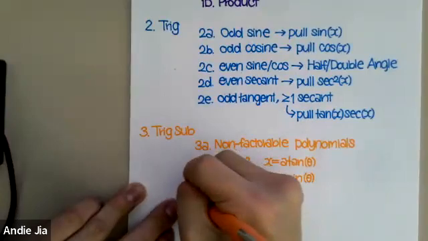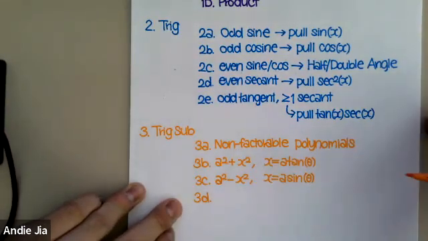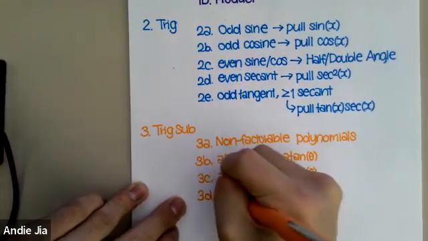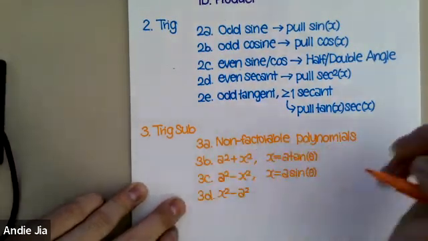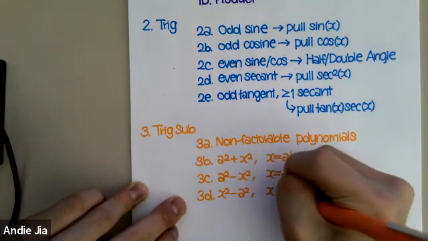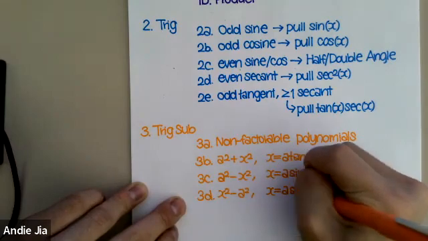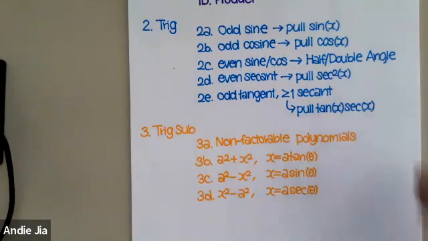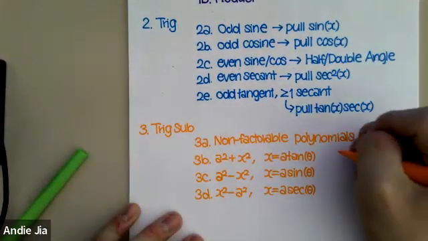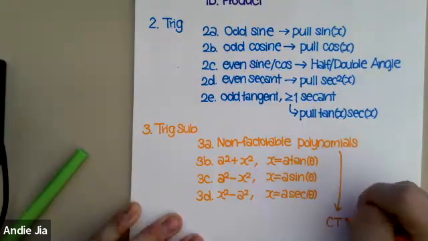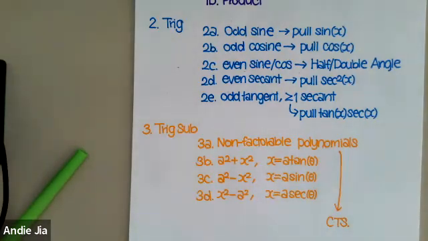The fourth case is x squared minus a squared: we sub x equals a secant of theta, and make sure to complete the square.